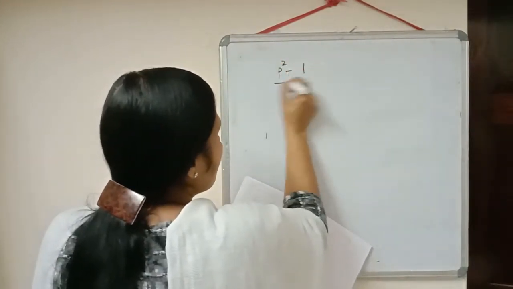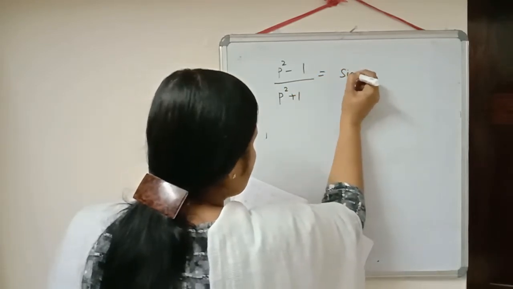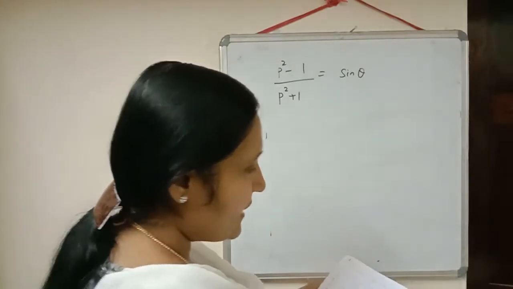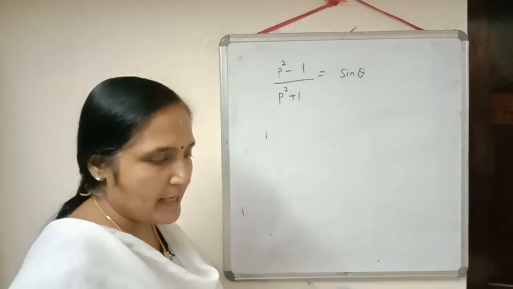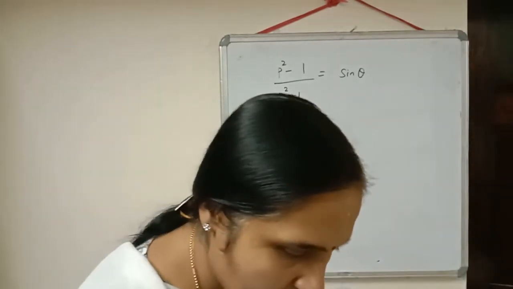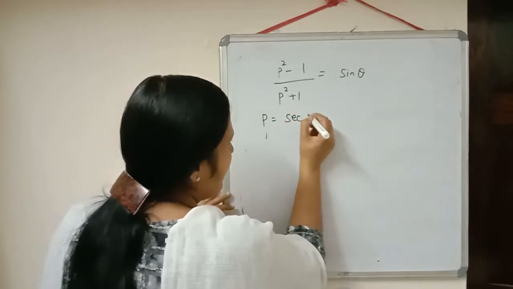You have to prove P square minus 1 by P square plus 1 is equal to sin theta. What is given here? P is equal to sec theta plus tan theta is given. So just to write down once again, P is equal to sec theta plus tan theta.